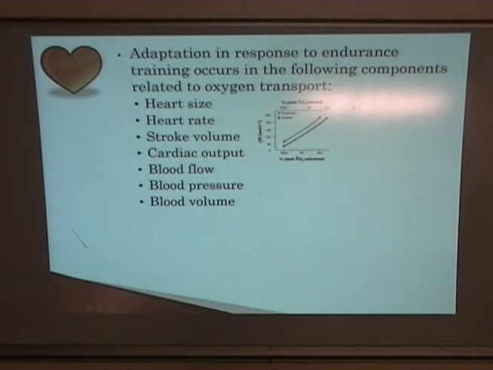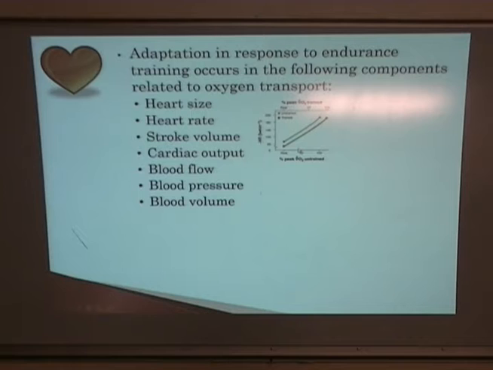This one is for VO2. The untrained person is green, the trained person is orange. They have a lower heart rate at a given intensity of work, and they can work harder after training.